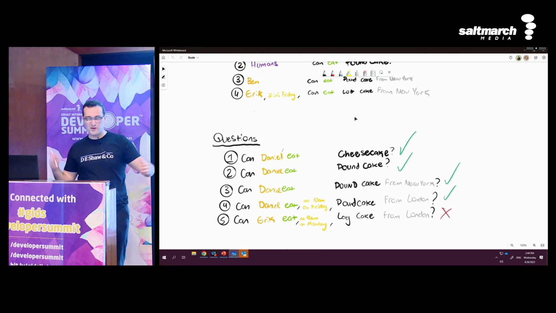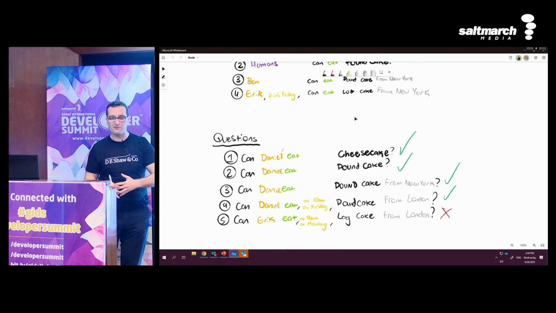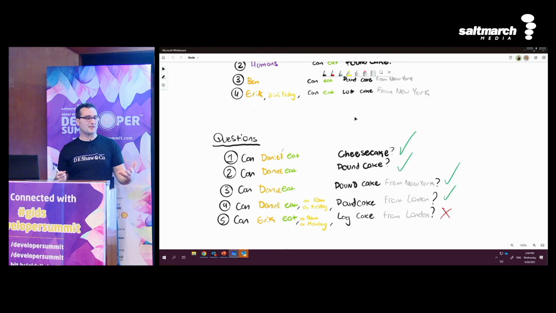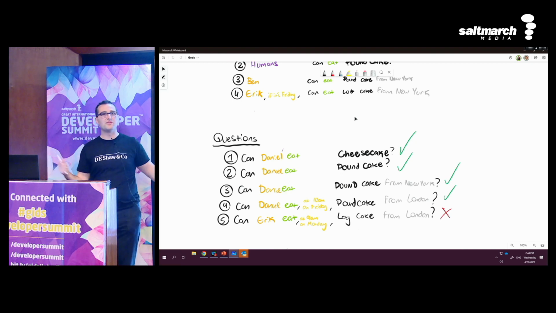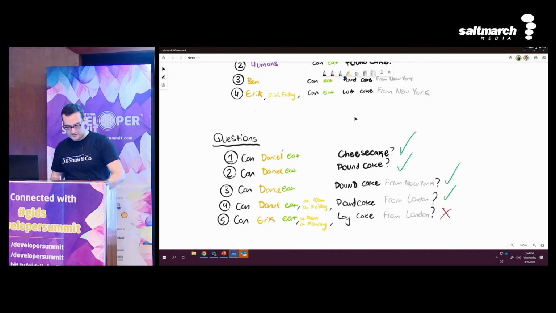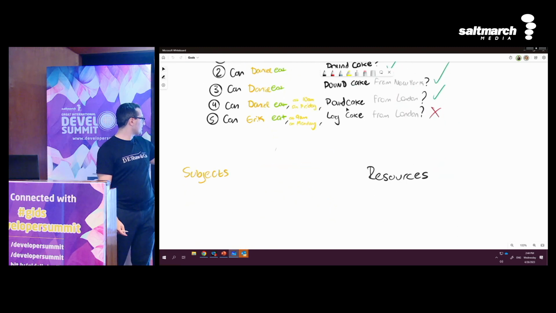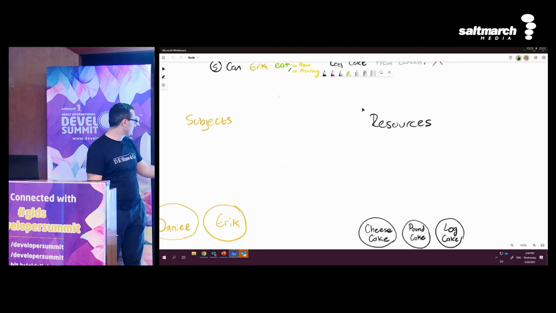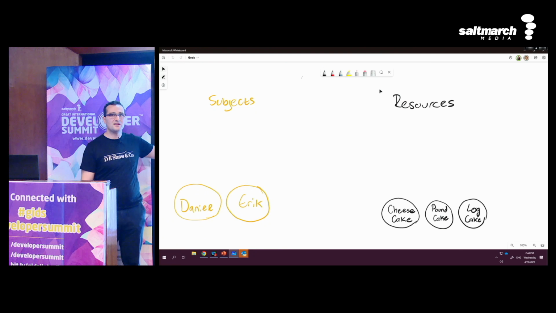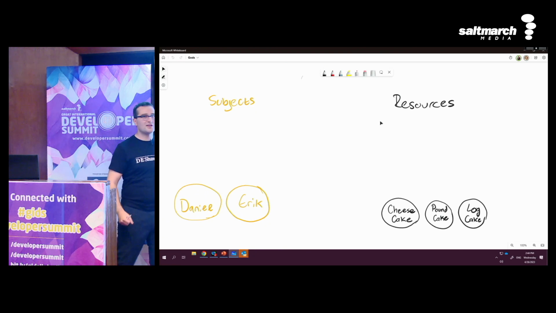Cool. So now that we have expressed things in terms of English, let's try and put some nodes and edges on a graph, and let's try and reconstruct the system and get some hierarchy and represent things concisely. We're going to put our subjects here on the left and our resources here on the right: Dan, Eric, cheesecake, pound cake, log cake.